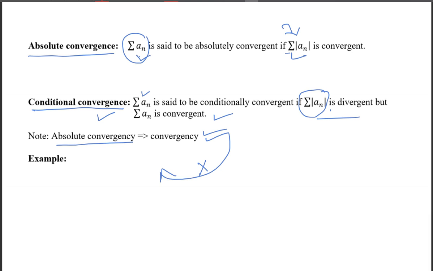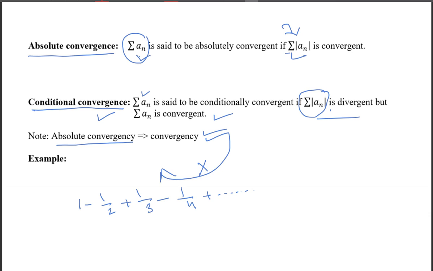Can you give one counterexample? You see, if you take this series, 1 minus 1 by 2 plus and so on. Is it conditionally convergent or absolutely convergent? This is conditionally convergent. Why?